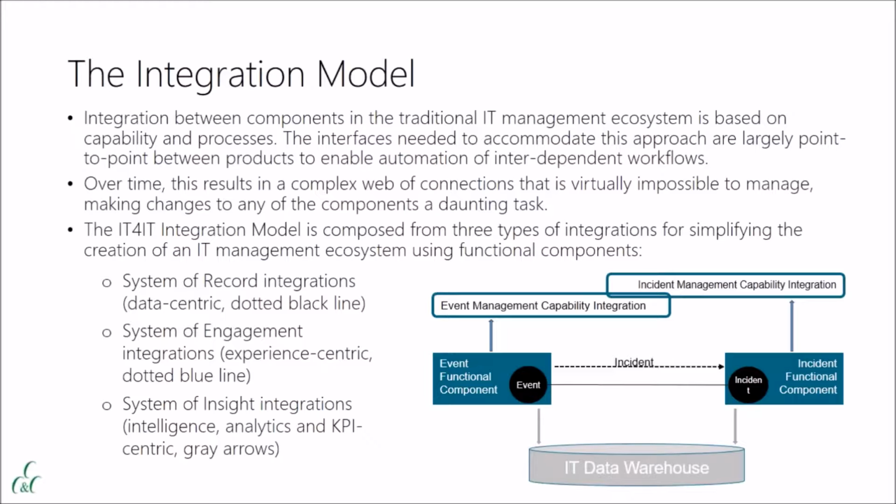There are all kinds of workarounds for that, but what typically happens is a big mess, and part of what IT4IT is helpful for is in attacking that mess by taking a view of the systems that we're using and the data that we're using to manage IT that looks partly like this.